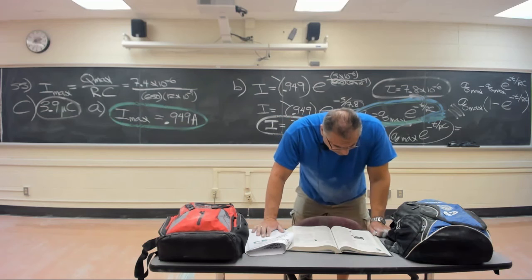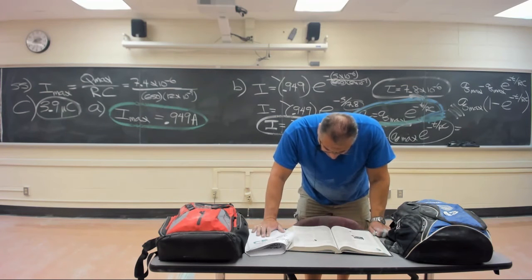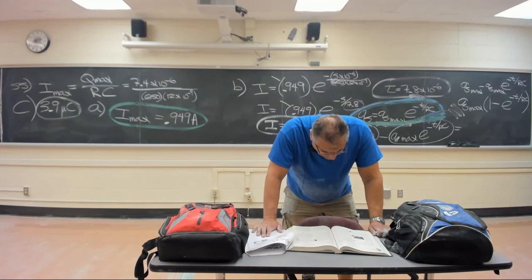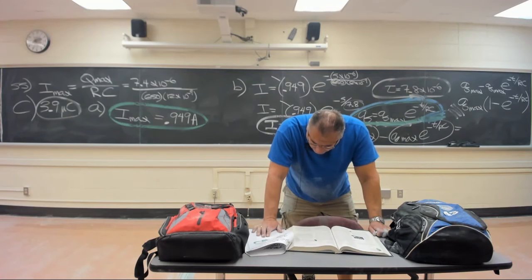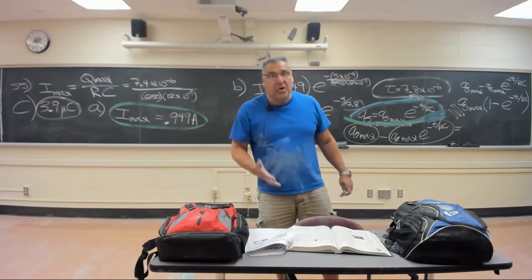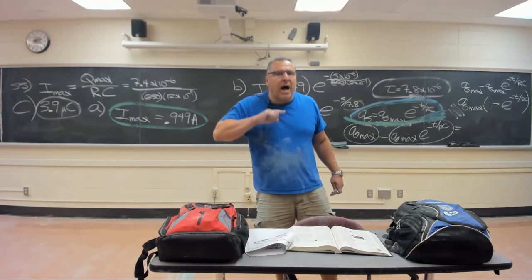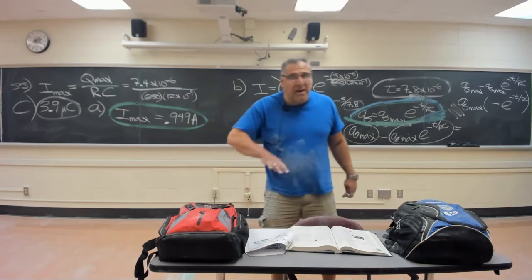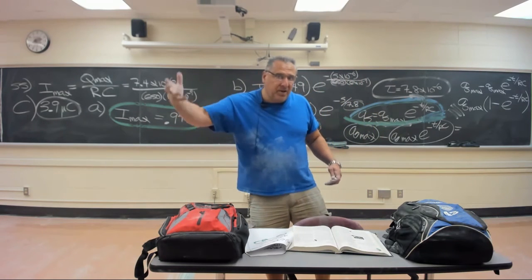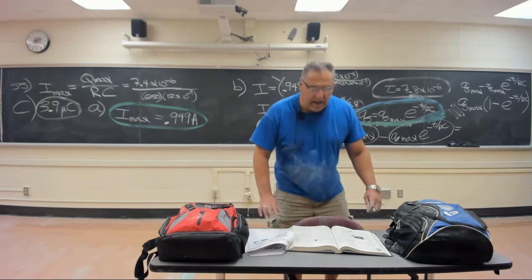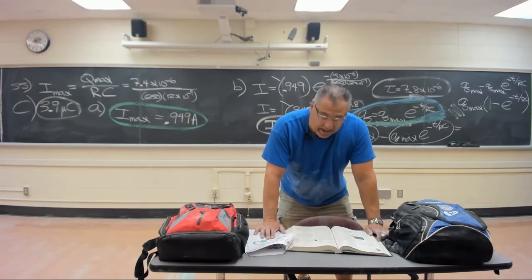And that's it. 7.4 microcoulombs minus 3.9 microcoulombs would give you 3.5 microcoulombs that left. Nobody asked you that, but if they did, you know how to answer it. How much left? Not how much is left over on the capacitor. That means how much charge has exited the capacitor, has gone away from the capacitor, and how much charge remains.